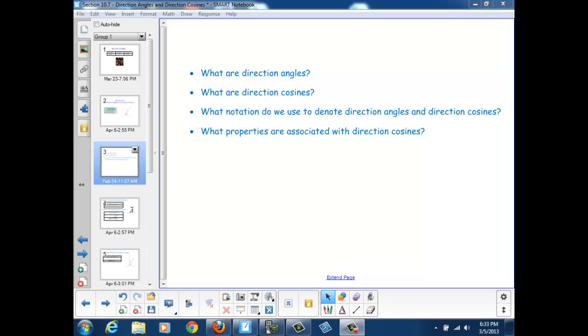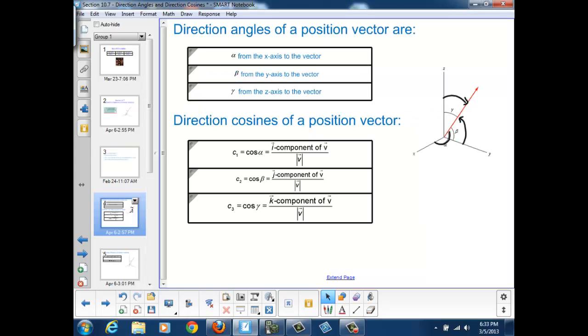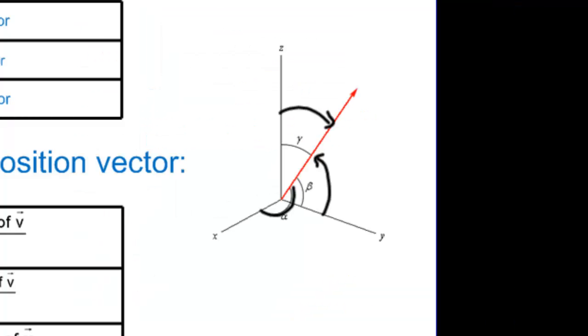So let's recap. What are direction angles? Well, direction angles are the angles that are formed with each of our coordinate axes from the vector. So alpha is our angle from the x-axis to our vector, beta is the angle from our y-axis to our vector, and gamma is our angle from the z-axis to our vector.